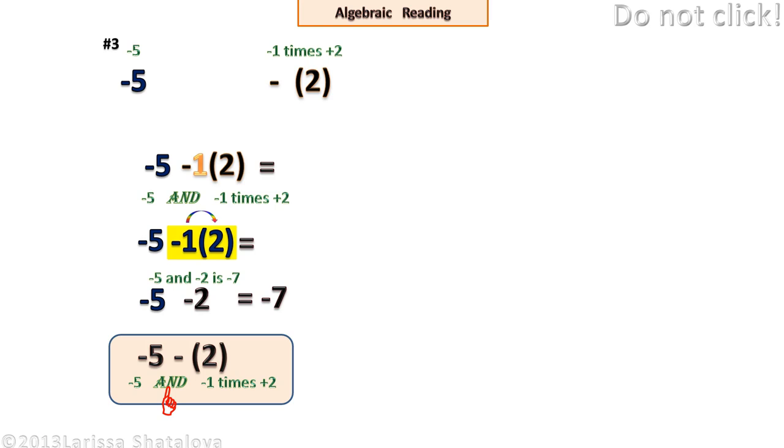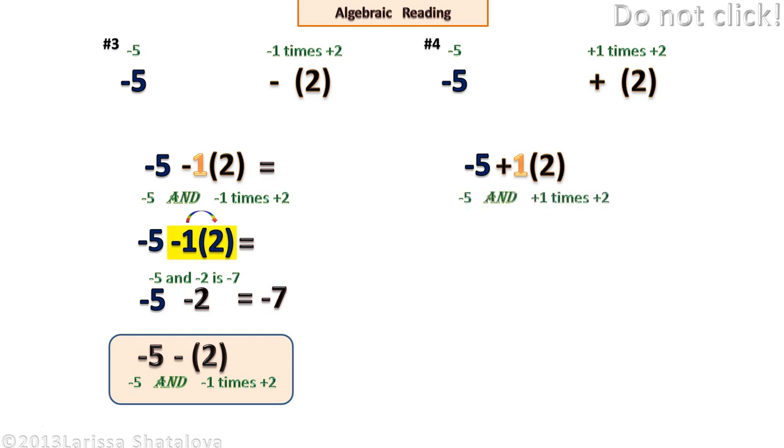And one more example. One piece is just negative 5, and the second piece is a positive sign and then parentheses and 2. You remember, to remove parentheses we use magic number 1. Now we can read this piece as positive 1 times positive 2. If you combine them together, now we can read it as negative 5 and positive 1 times positive 2.